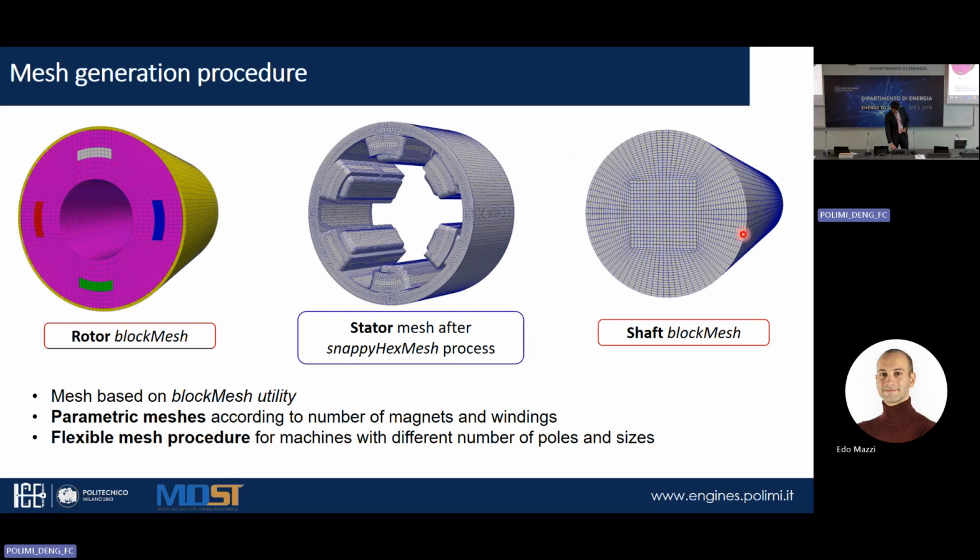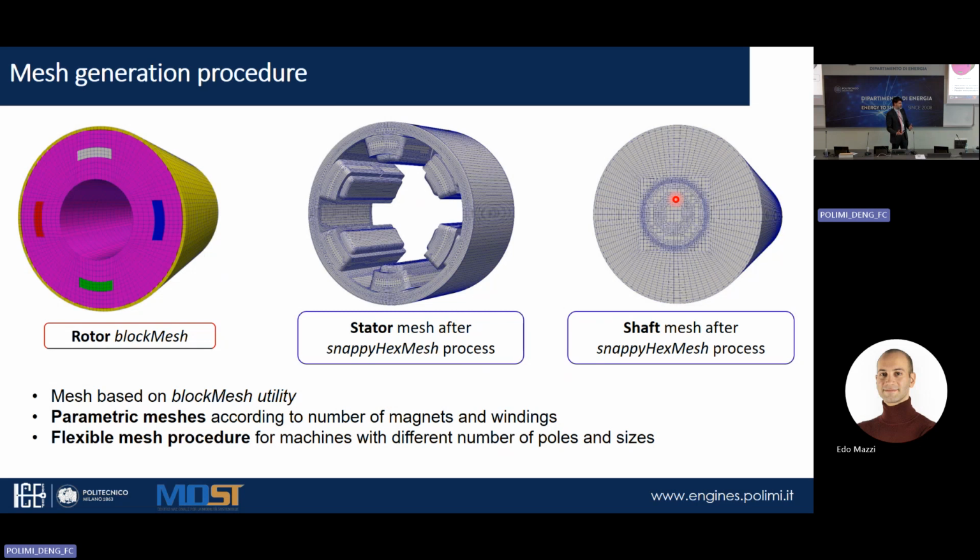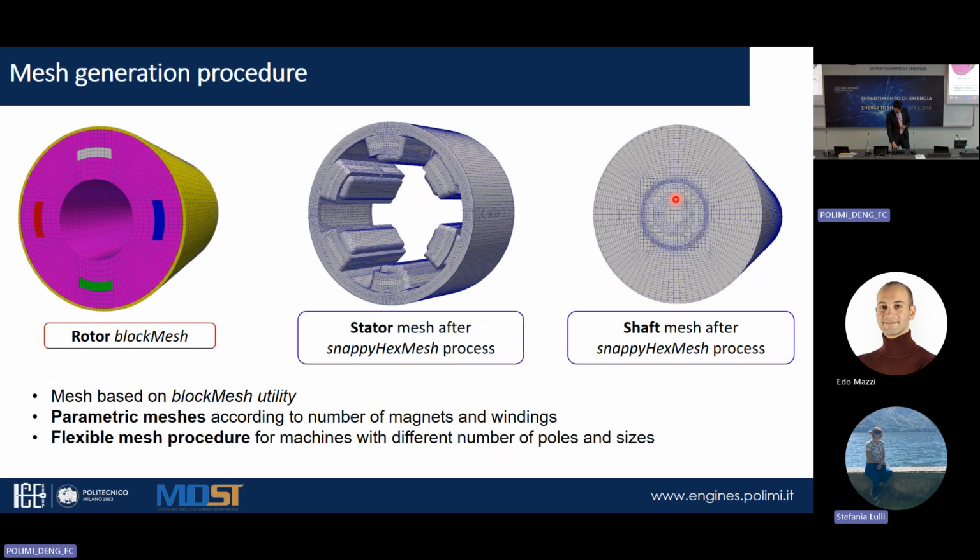Similarly, this happened to the shaft device, in which we have the block mesh, the background mesh, that can be shaped to the real geometry with a U-shaped pipe inside, with a fixed and also a moving component with the use of snappyHexMesh. So this basically is a fully parameterized step that can allow us to produce different sized motors.